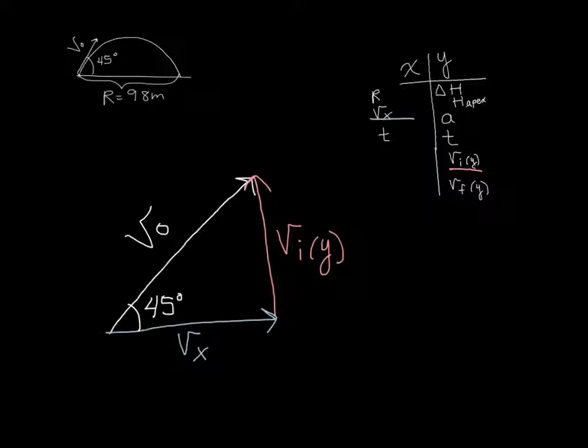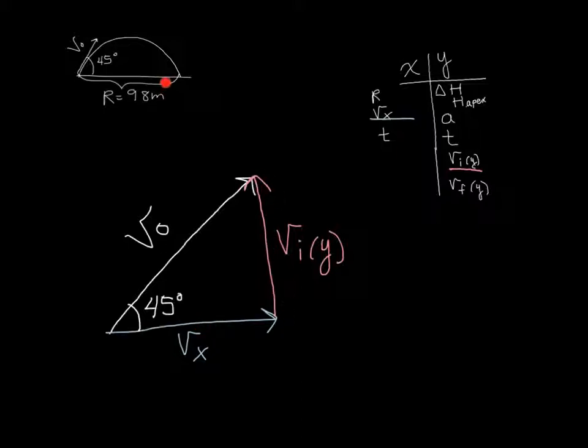So one of the things that we talked about today, if you're in gold and you're watching, was a misconception that the horizontal component of this triangle is actually the range, and then this is the height.